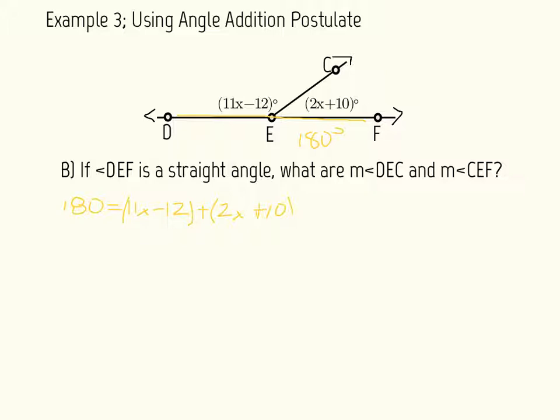Alright, so now I'm going to solve for x, put my x's together. So I have 13x, negative 12 plus 10 is a negative 2, equals 180. And then I add the 2 over, giving me 182 equals 13x. Divide by 13, and x equals 14. So x is 14. Now I can find my two angles.